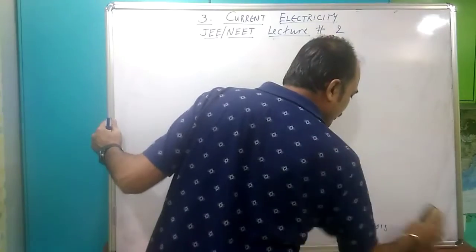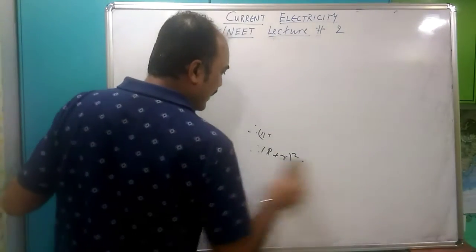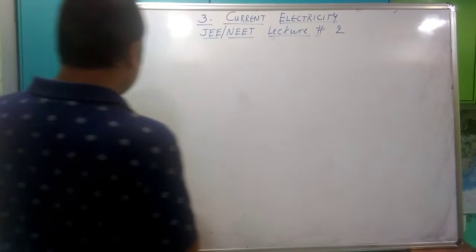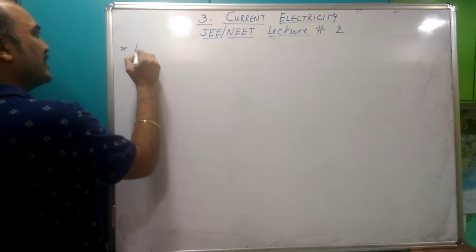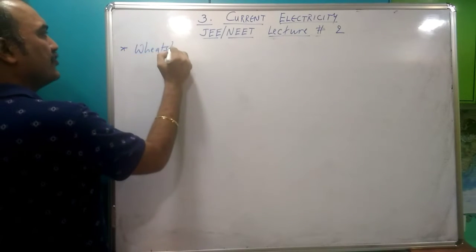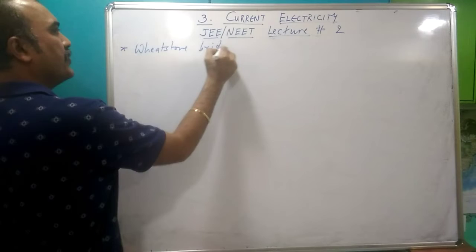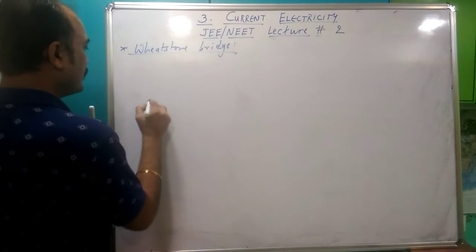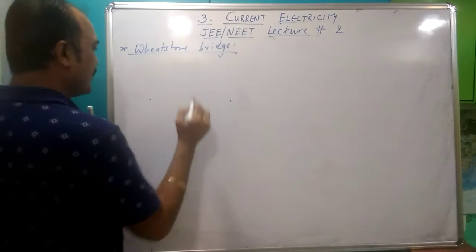It's a device that is used to find the value of an unknown resistor using 3 known resistances and also using a galvanometer. So Wheatstone bridge. We have got, you've seen this already.